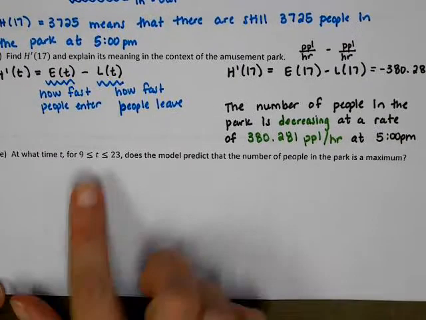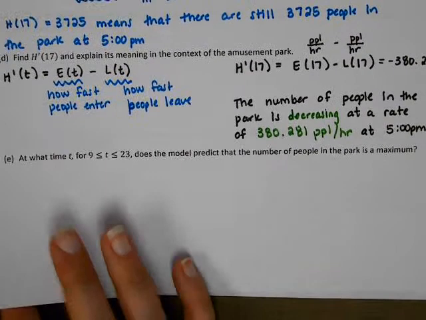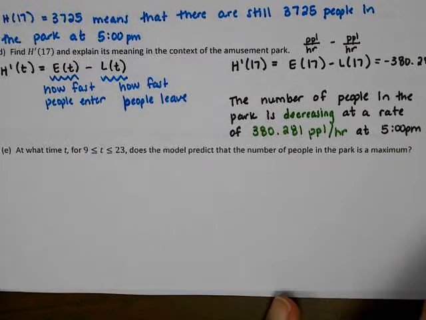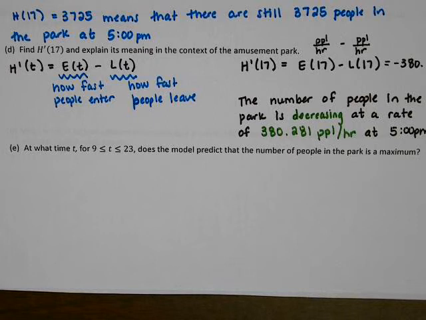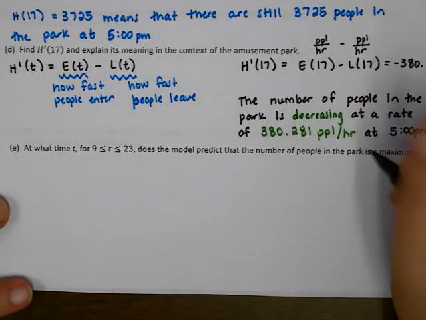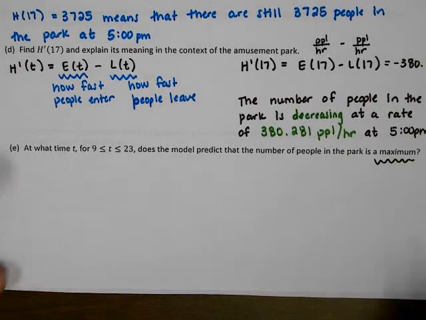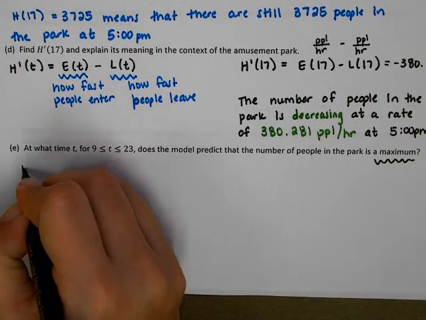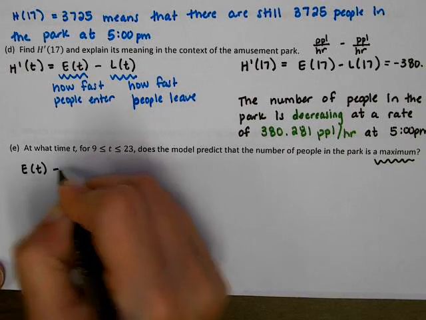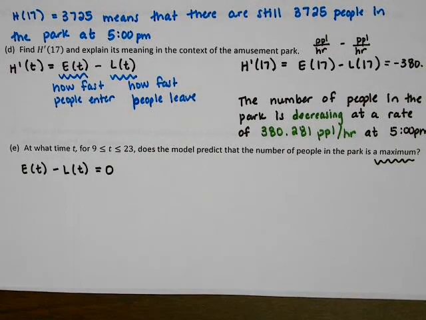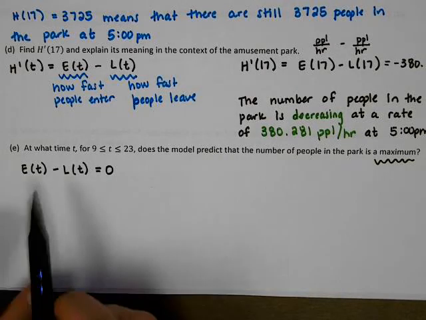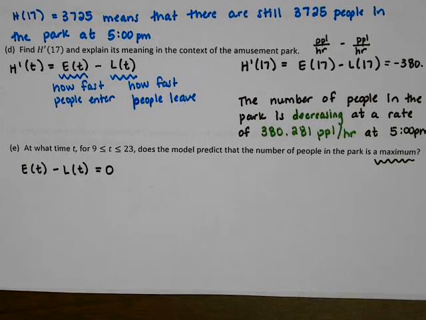At what time does the model predict that the number of people has a maximum? Now the number of people is going to have a maximum when the rate is equal to 0 or at the endpoints. So a maximum is going to occur when E of t, the rate going in, minus L of t, the rate going out, equals 0. Normally we would just say when the derivative equals 0, but these are both derivatives that are affecting this amount.